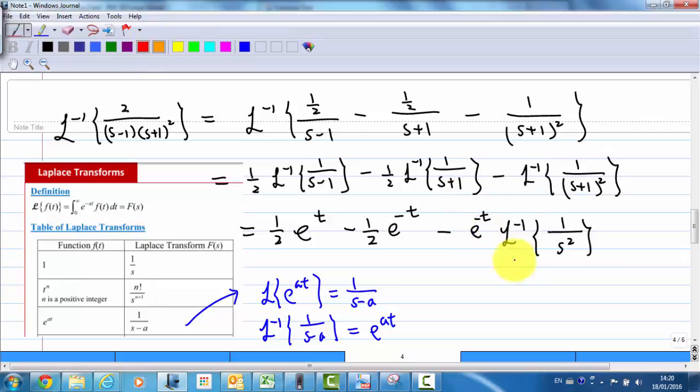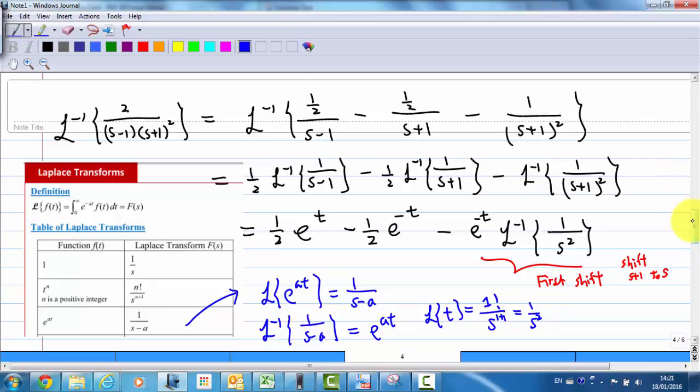So this is using the first shift, by shifting s plus 1 to s. And then the inverse Laplace transform of 1 over s squared is t. This is because the Laplace transform of t is equal to 1 factorial over s to the power 1 plus 1, which is 1 over s squared.